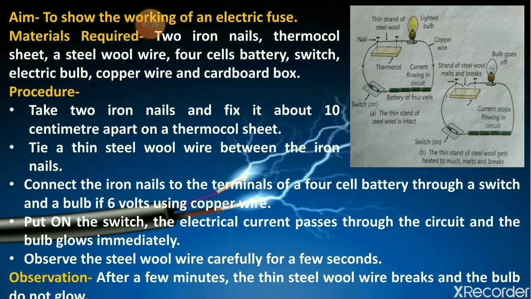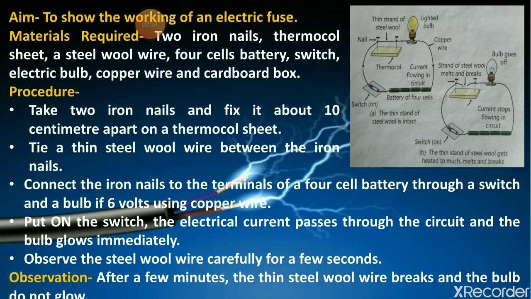As you can see in the image also, these two nails are fixed on a copper wire, and these two nails are connected with a thin strand of steel wool. Now this wire is connected with a bulb, and the copper wire connects the switch and both the terminals of the 4 cell battery.